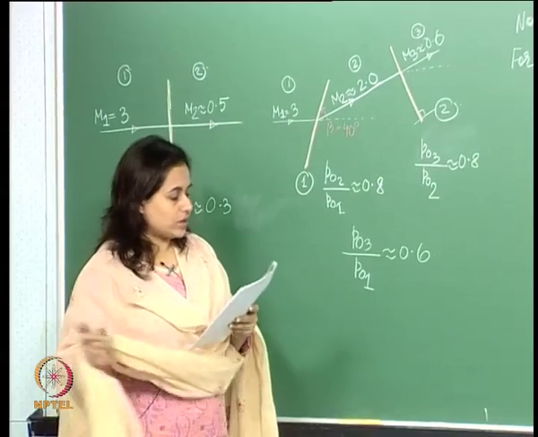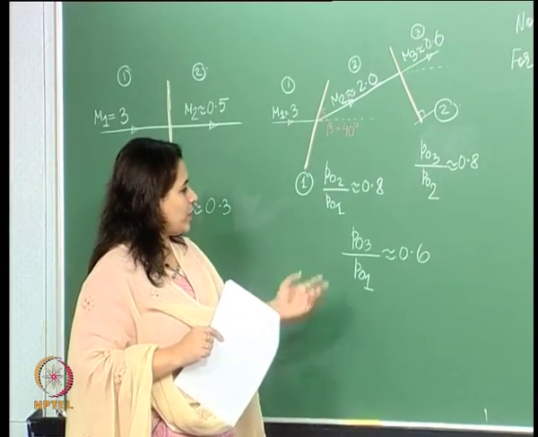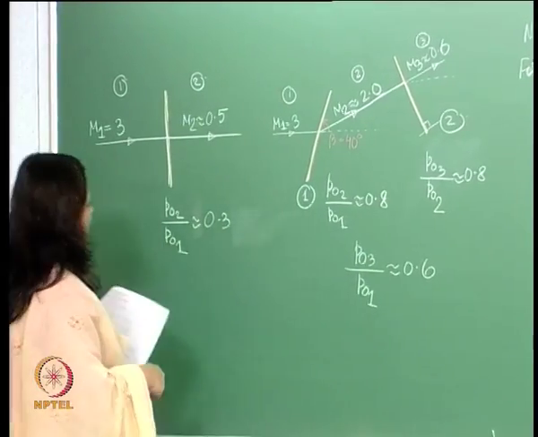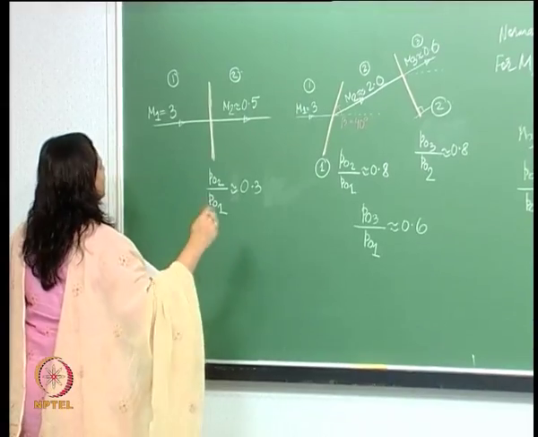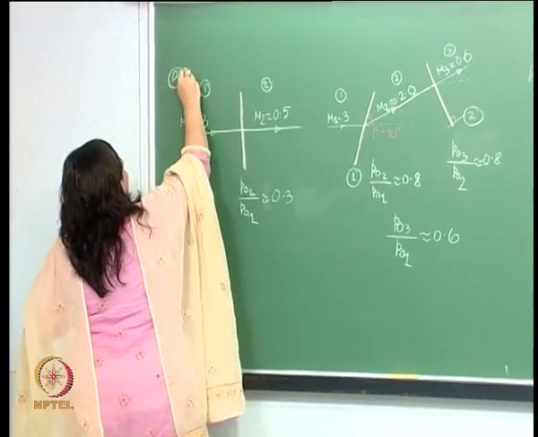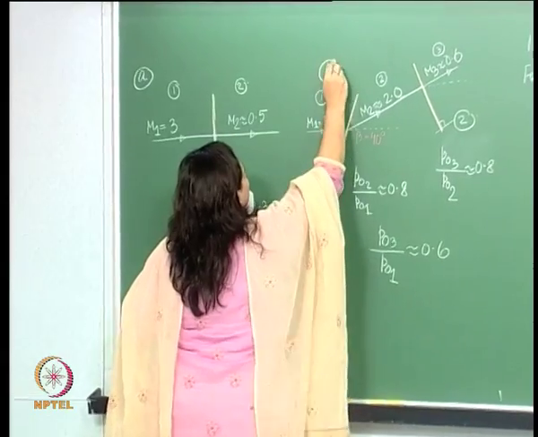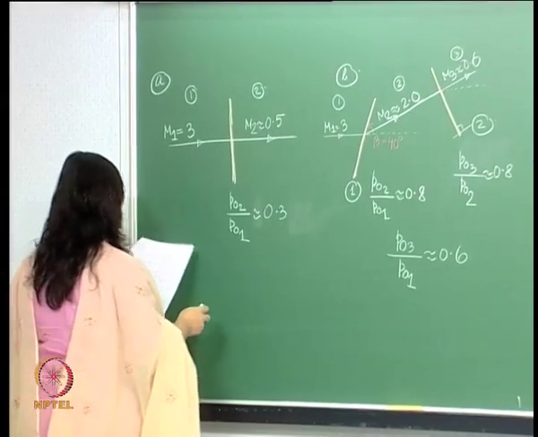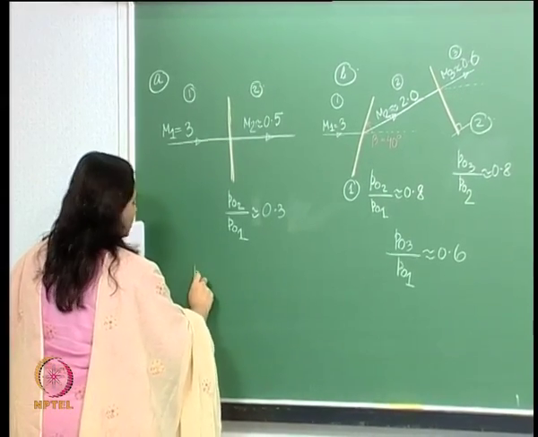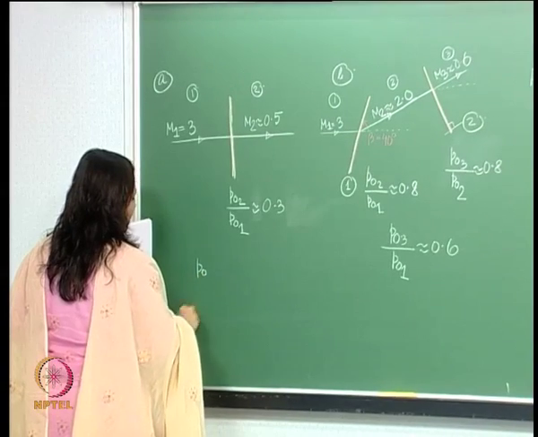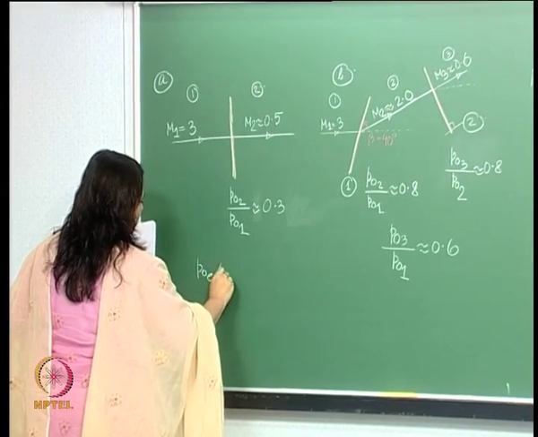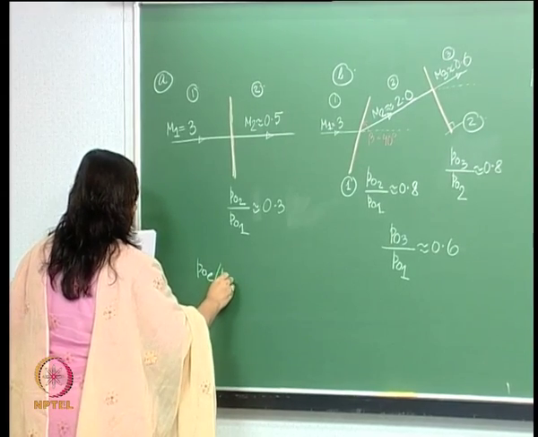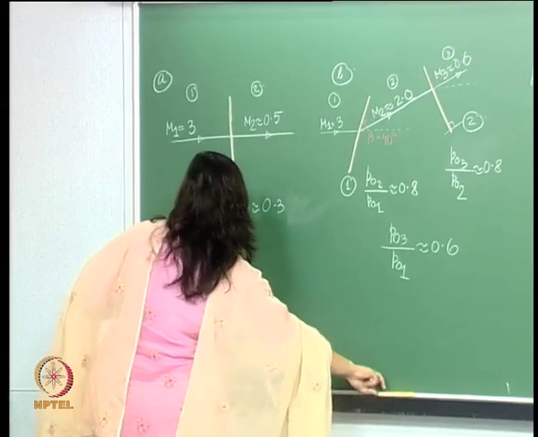Okay. So now let us compare the two. If I call this case A, and this B, then basically, P naught exit by P naught entrance, or let me, how do I write this?